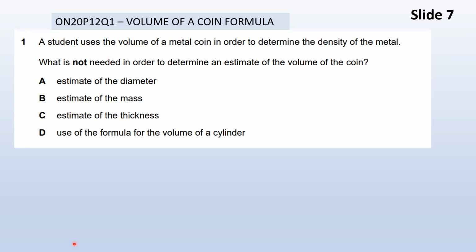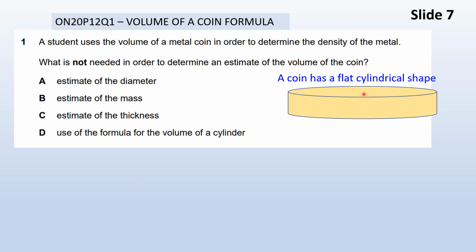So first let me imagine the shape of a coin. It's a flat cylindrical shape. Here we have the diameter, which also relates to the radius because the radius is half of the diameter. And we also have a thickness or height of the coin.